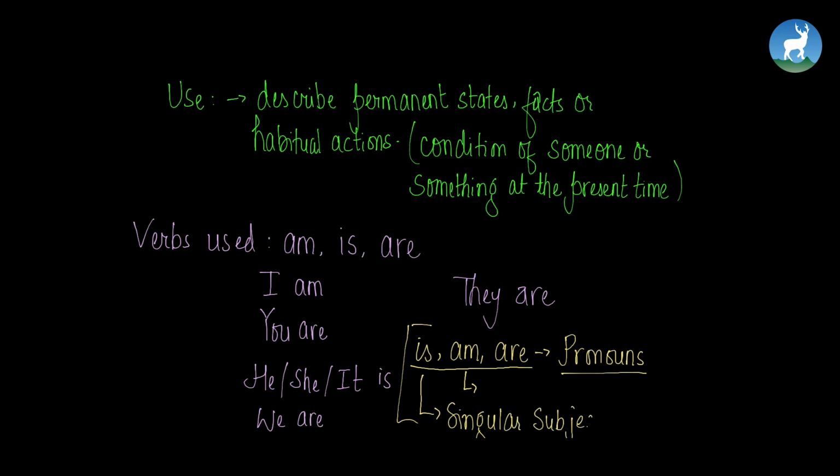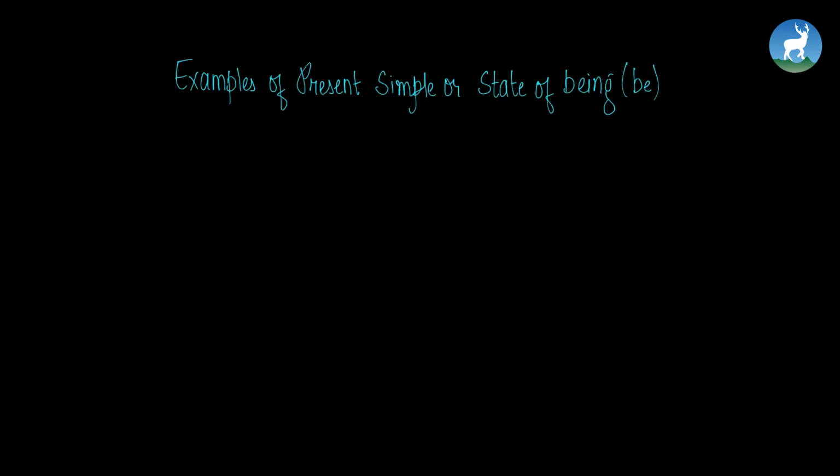In the case of is, so we use personal pronoun I for am, and for are we use plural subject. The subjects could be nouns or pronouns. So let's look at some examples to illustrate how the present simple tense or the state of being is used, or we can simply call it present simple form for the state of be.